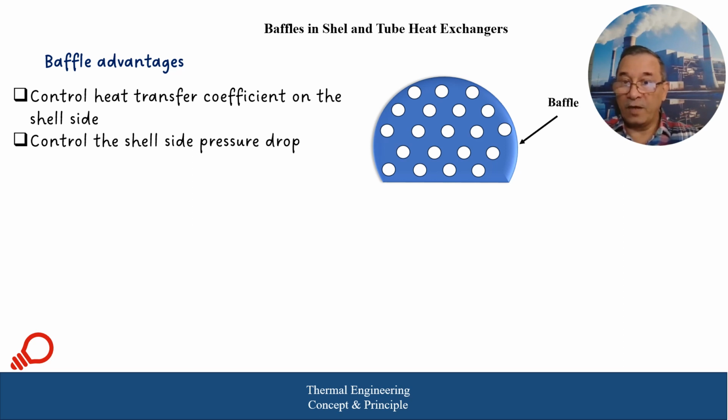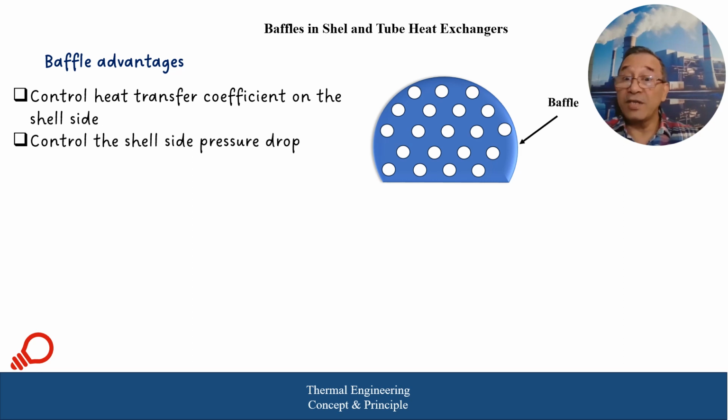If you reduce the spaces between these baffles, then you are increasing the velocity of the stream that is passing on the shell side. In this way, you are improving heat transfer, but at the same time, you are increasing the pressure drop on the shell side.